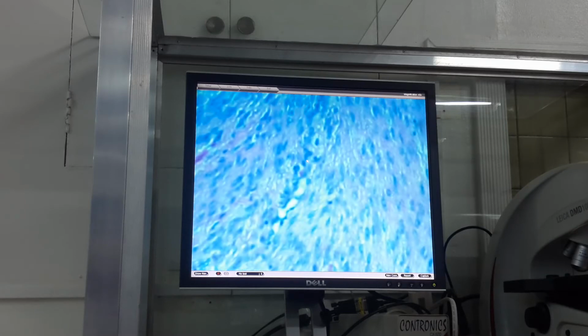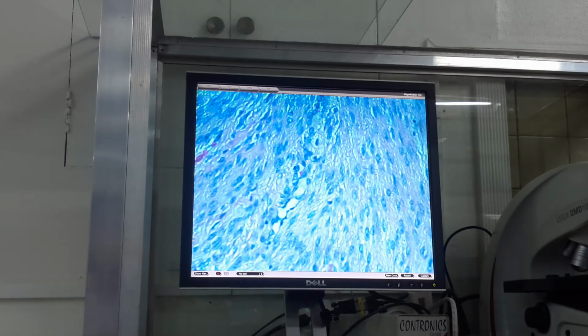Diagnosis. Saan nanggaling to? Smooth muscles. Most probably, saan siya nanggaling? Ay, teka muna, bago yun ang tanong. May malignancy ka ba o may benign lesion ka ba? This is benign. Okay?